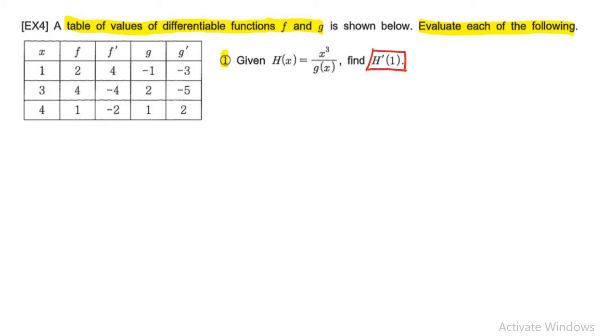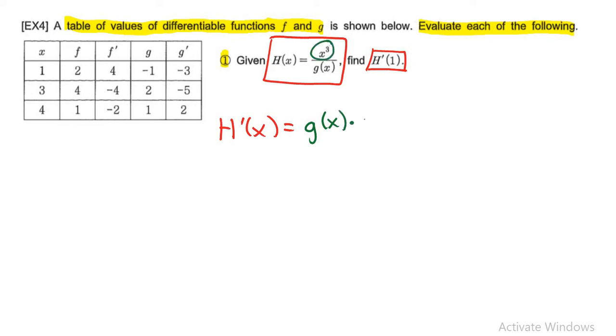So in order to find the derivative when x equals 1, I need to take the derivative of this expression right here using the quotient rule. So h prime of x. Now the quotient rule states that I need to write the denominator, which is g of x in this case, and then I need to multiply it by the derivative of the numerator, and the derivative of x cubed is 3x squared.